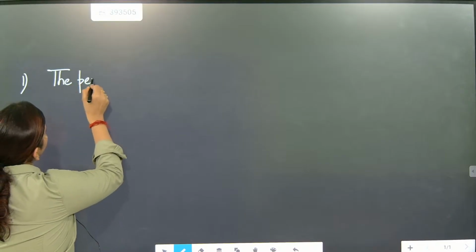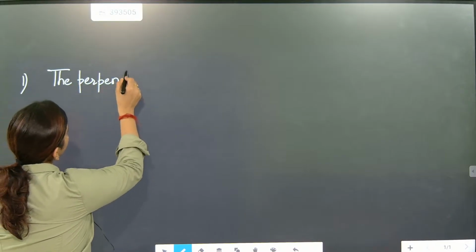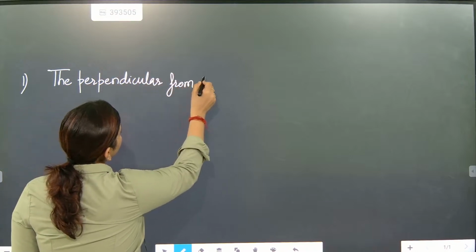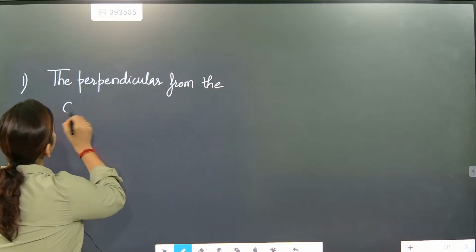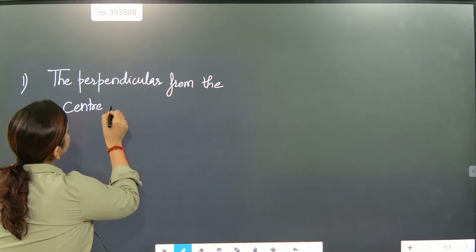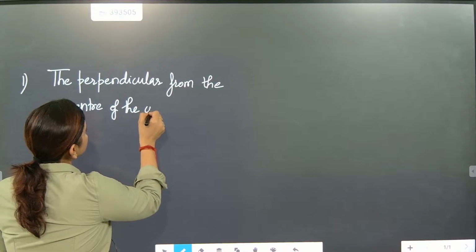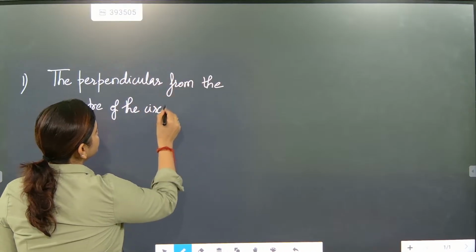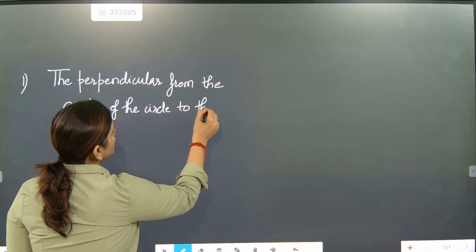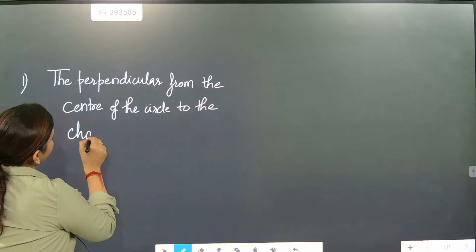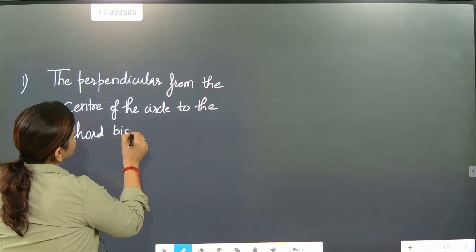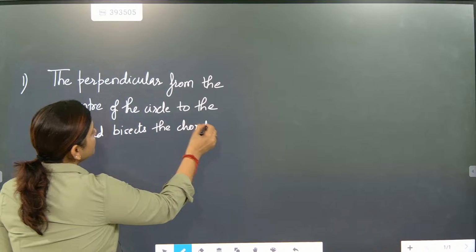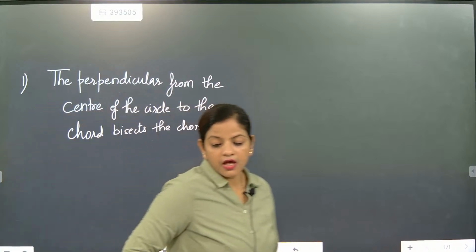The perpendicular from the center of the circle to the chord bisects the chord.